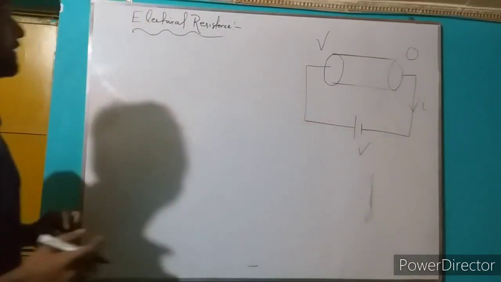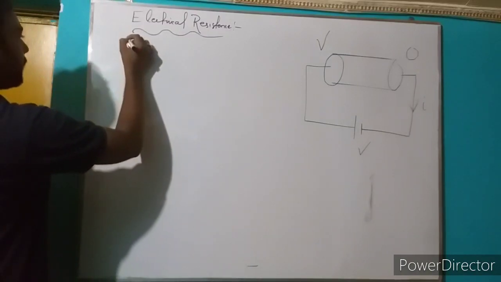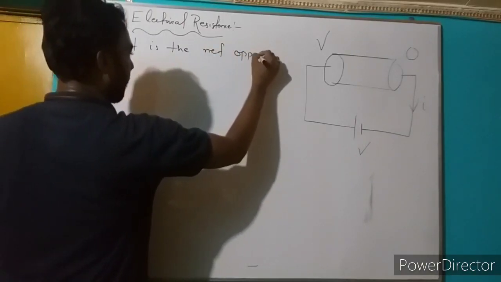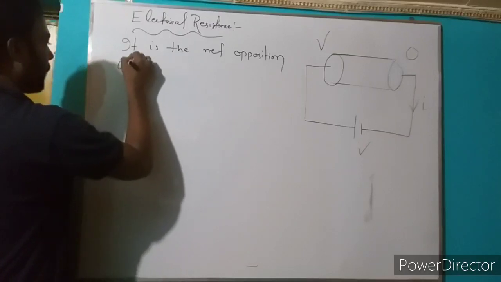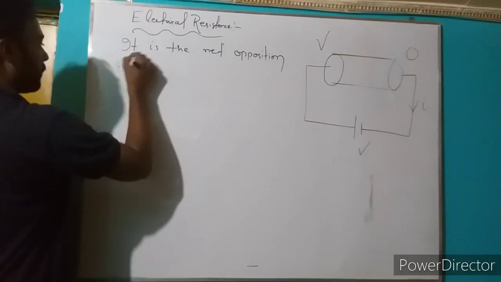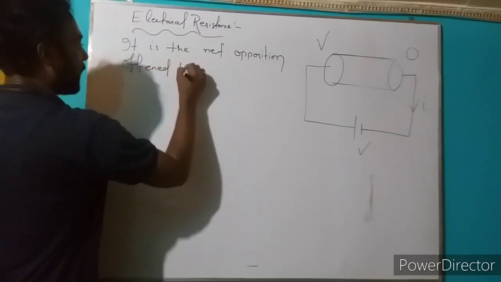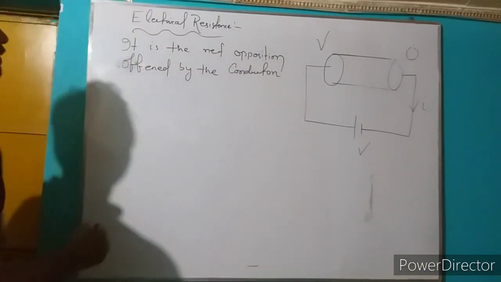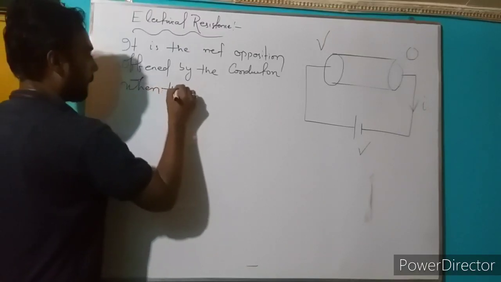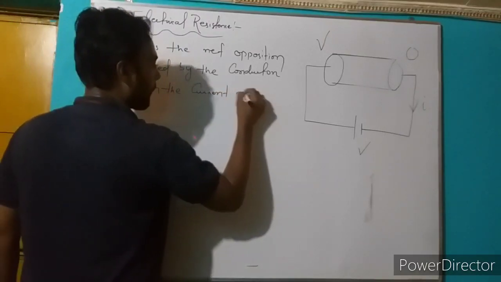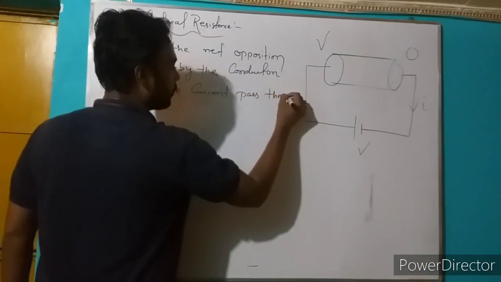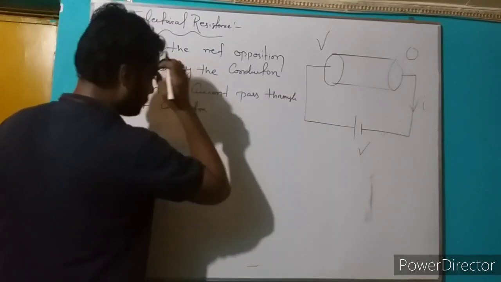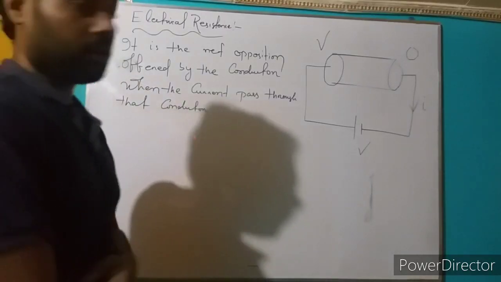Okay, so when we define electrical resistance, we write: it is the net opposition offered by the conductor when the current passes through that conductor, or it is the property of a material or substance.